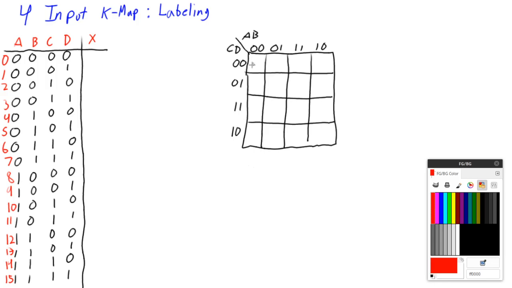And so we know that this is our cell 0. And then we can look for A is 0, B is 0, C is 0, D is 1. So that's 0001, and that's row number 1 in our truth table.